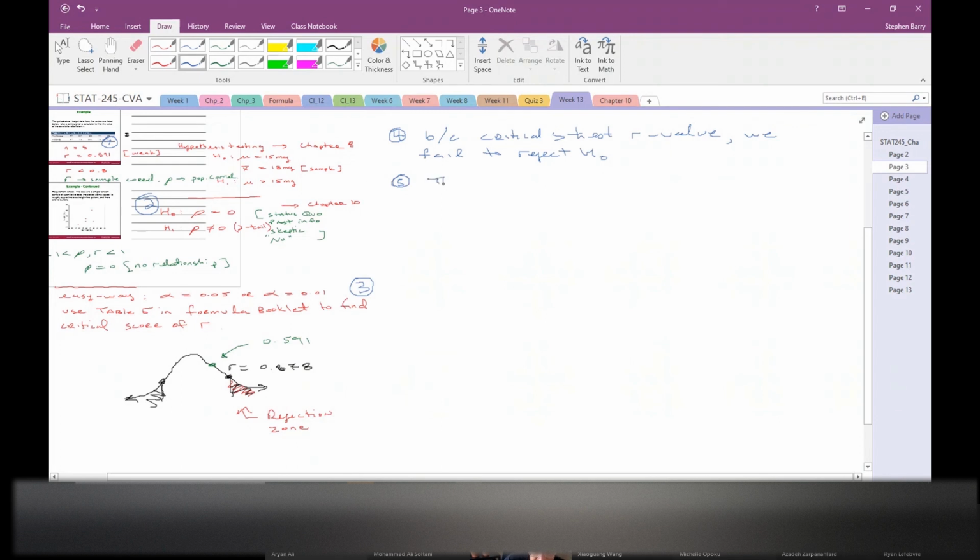It means there is not sufficient evidence to claim there is a significant relationship between shoe size and height. And then always restate the certainty to which you tested this. Right here, we used an alpha of 0.05.